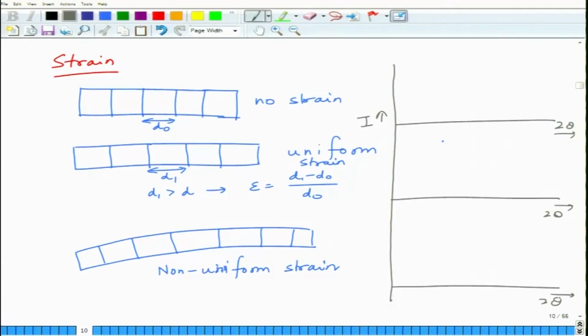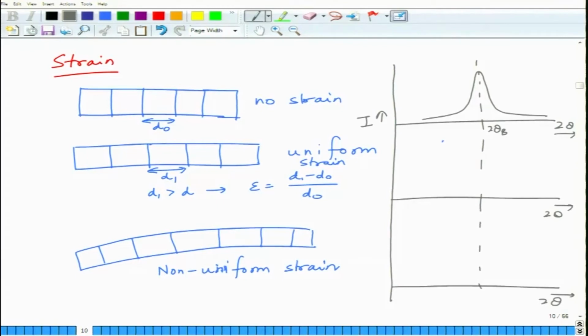And if I choose a particular peak, let us say this is the equilibrium 2 theta B. So this will show you a peak which is something like that.